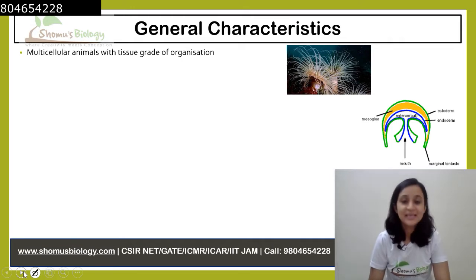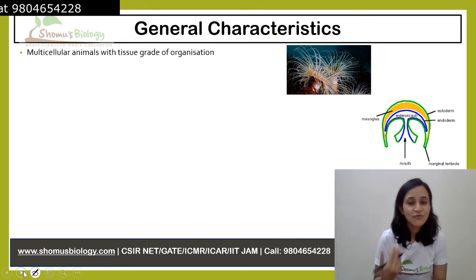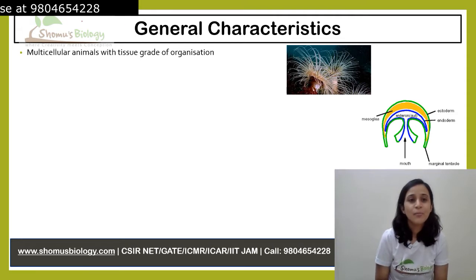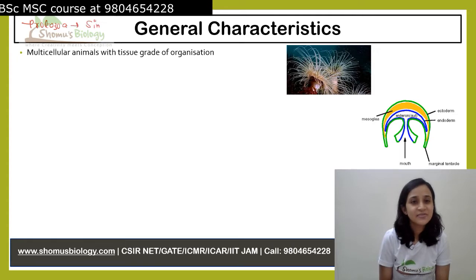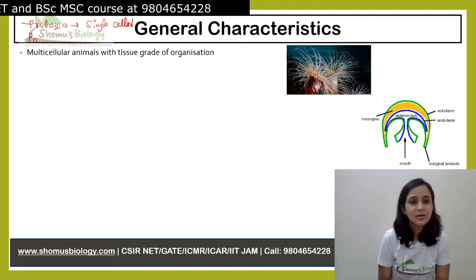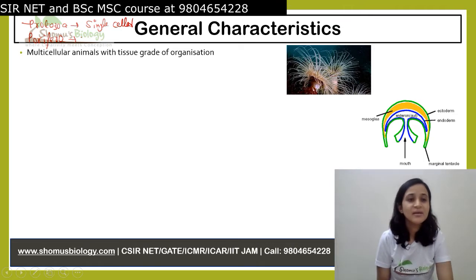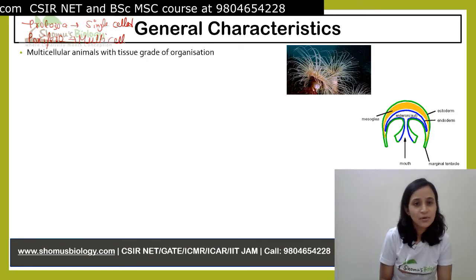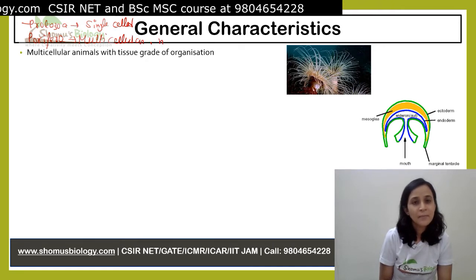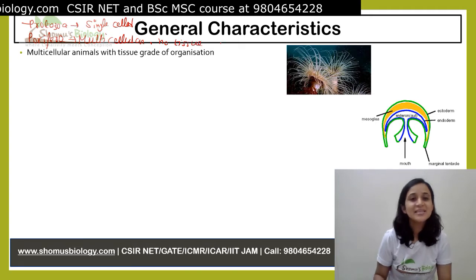The first thing is that we have learned two phyla. Protozoa is single celled, right? Then we discussed Porifera, and Porifera is multicellular, but it doesn't have any tissue.